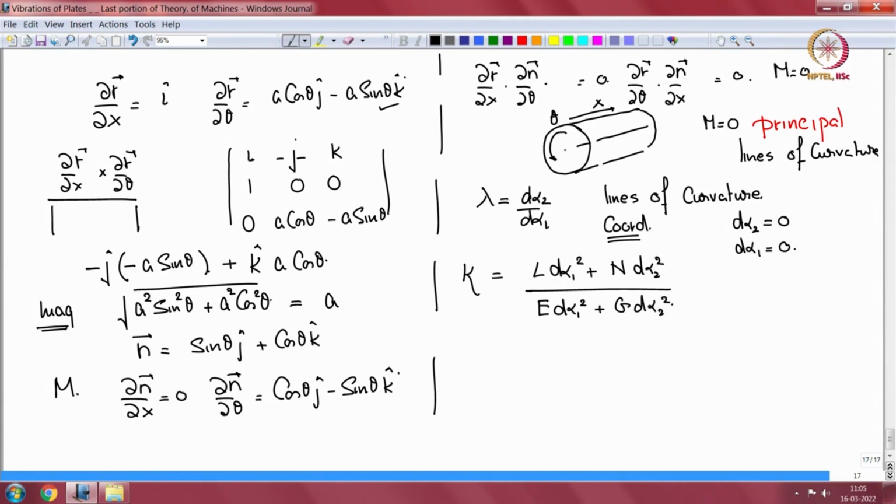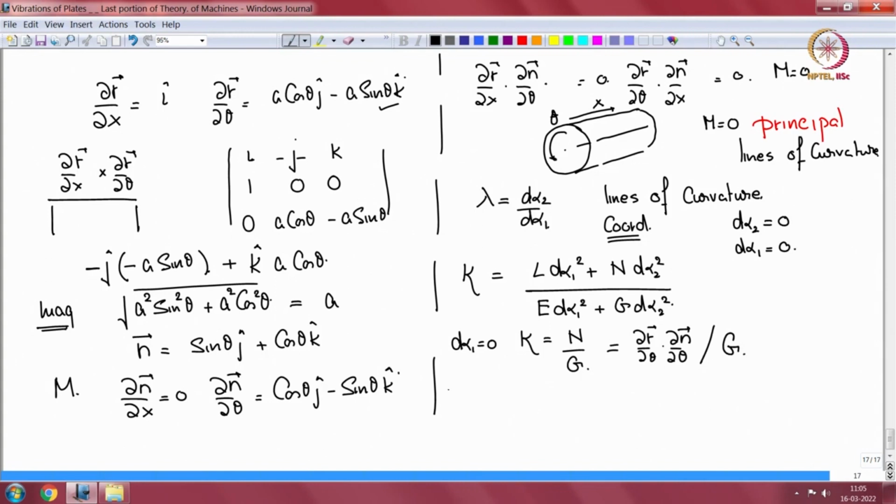So if d alpha 1 is set to 0, then I get curvature as n over G. What is n and what is G? So n over G will be del r by del theta dotted with del n by del theta divided by G.